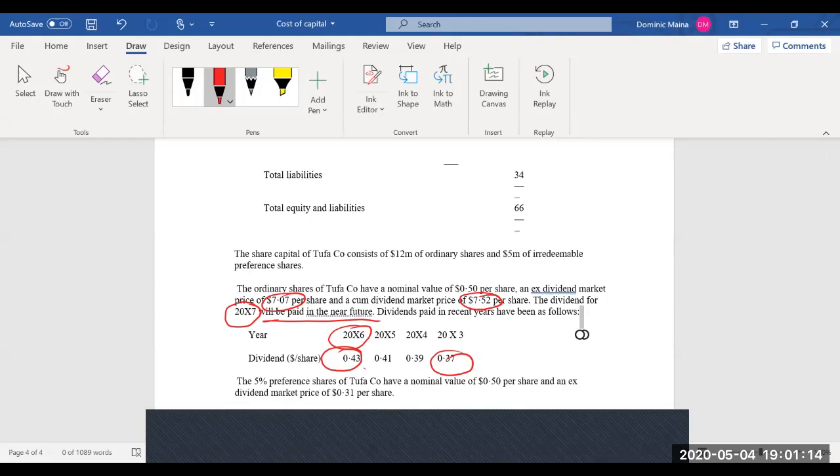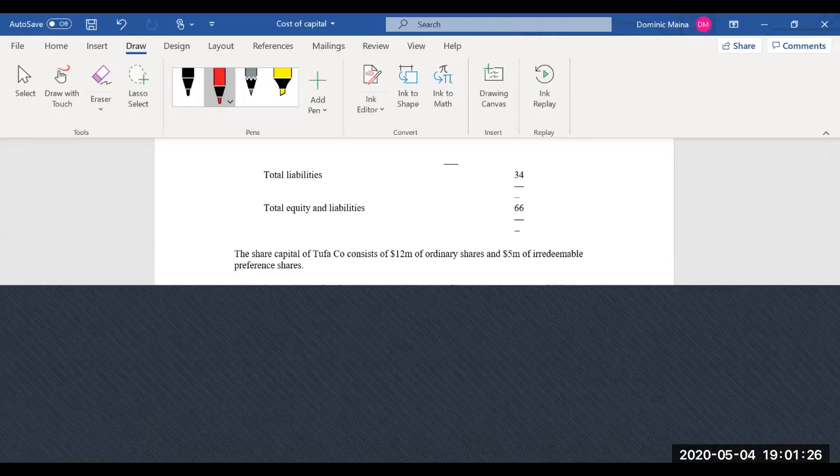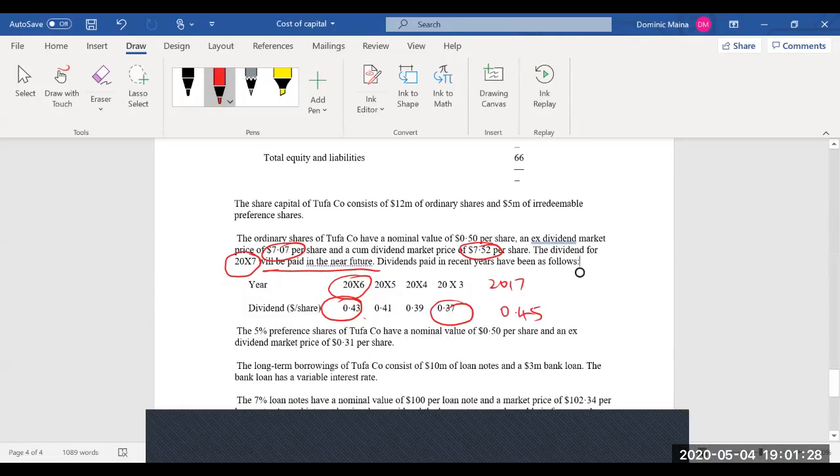So you didn't use that one, isn't it? Yes. Essentially, you are meant to have used it because we have the dividend from 2013 all the way to 2017.